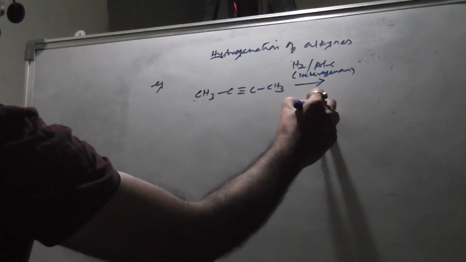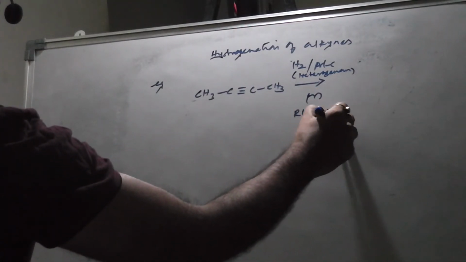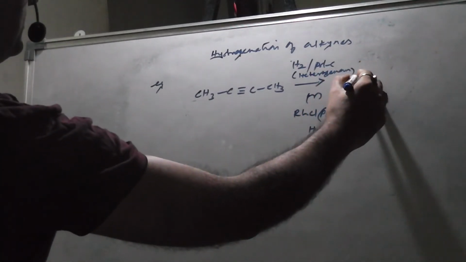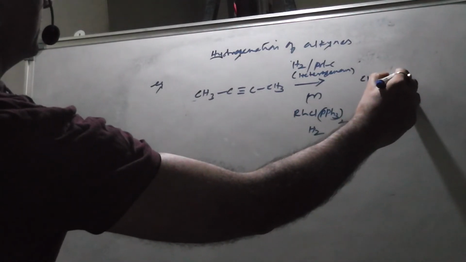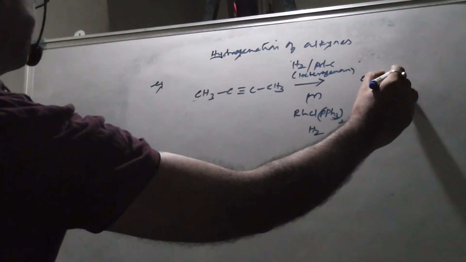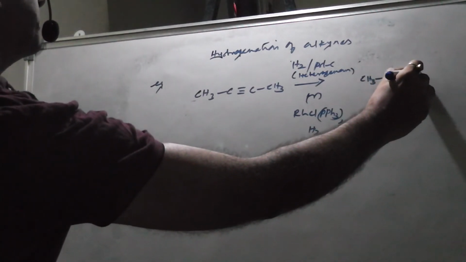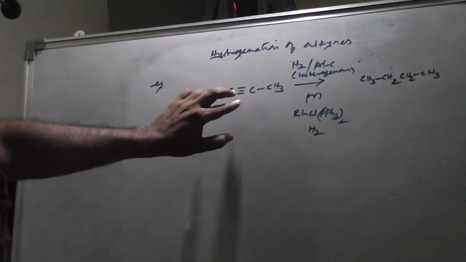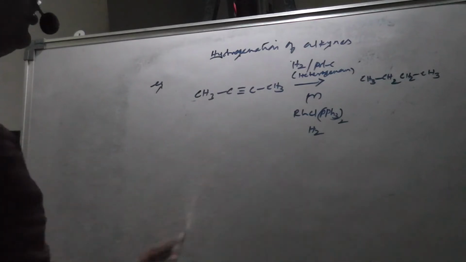Wilkinson catalyst is homogeneous. Using Wilkinson catalyst, we can reduce the compound to CH2 CH3. We have already discussed that the alkyne bond also can be reduced by a homogeneous catalyst.